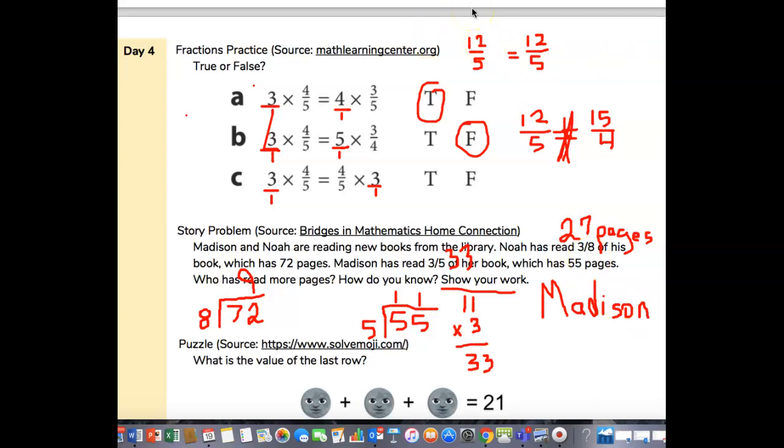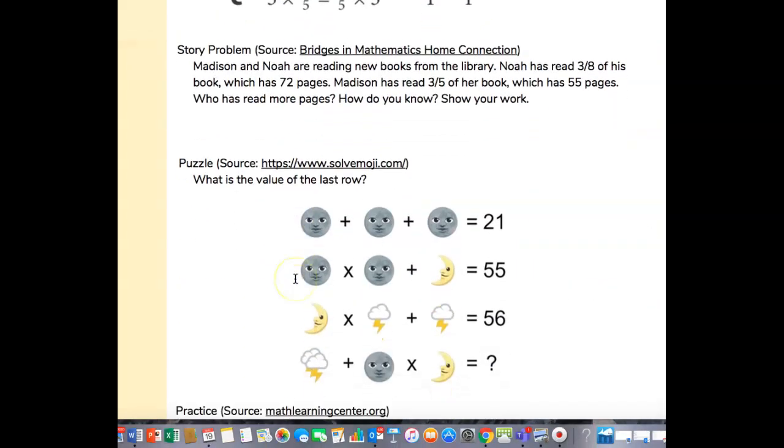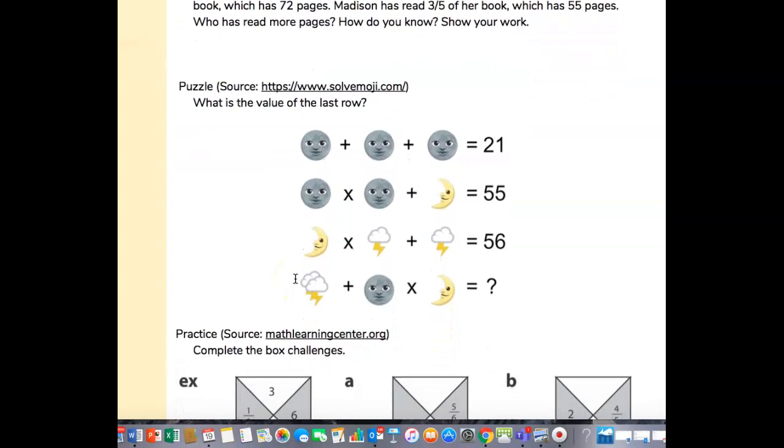Okay, let's move on to the next one. This is a puzzle. What is the value of the last row? All right.